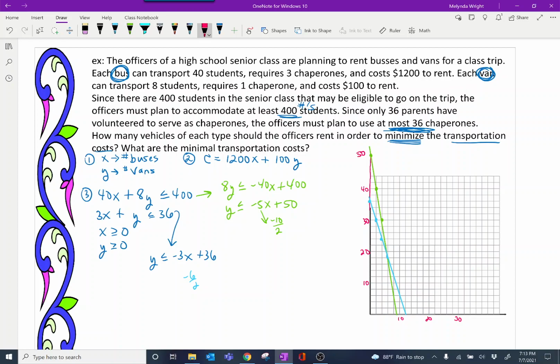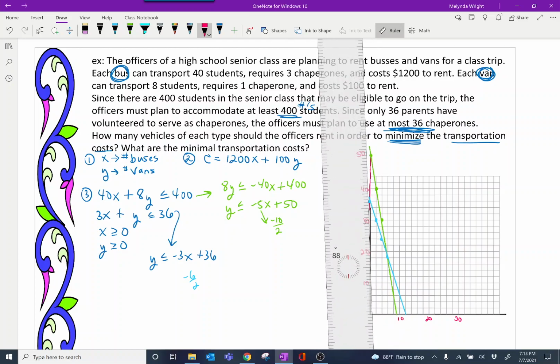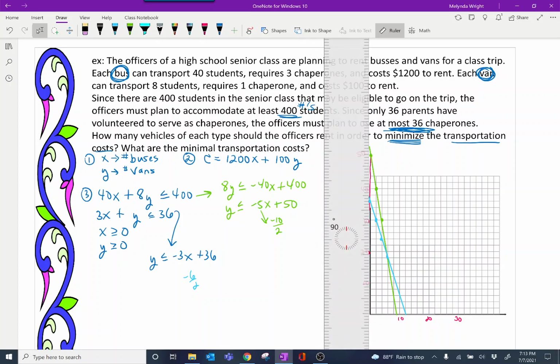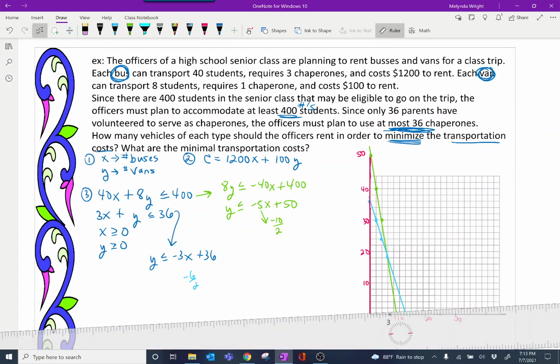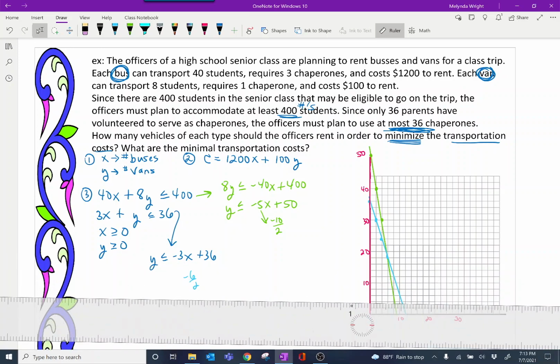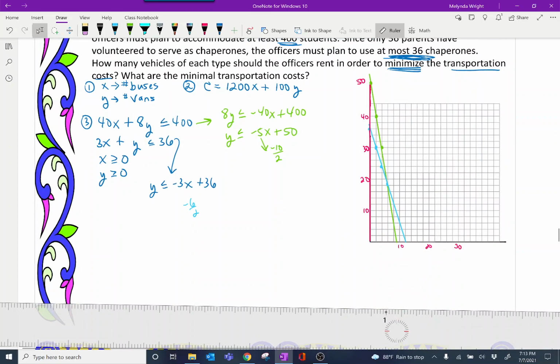And then we have our x is greater than or equal to 0 and y is greater than or equal to 0. So basically, just for fun, we'll put this in pink. Why not? Come on, little ruler, you can do it.